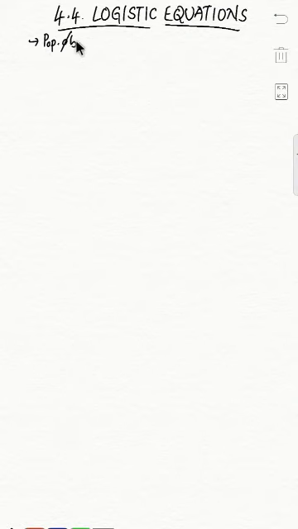Population, or we can say bacteria growth, or radioactive decay, radioactive material. The radioactive material decays at an exponential rate.